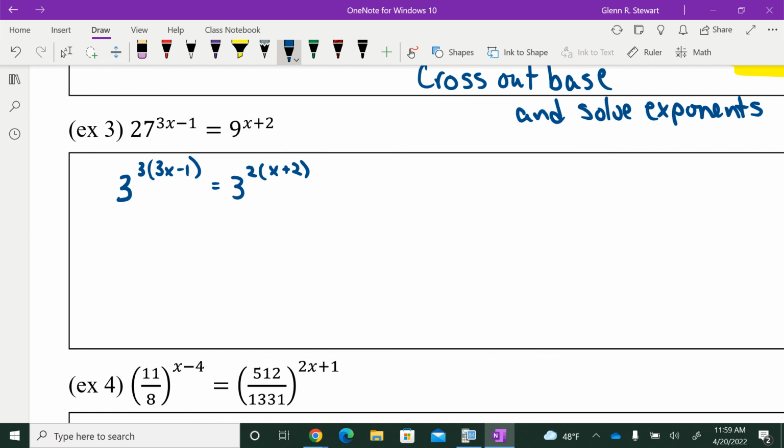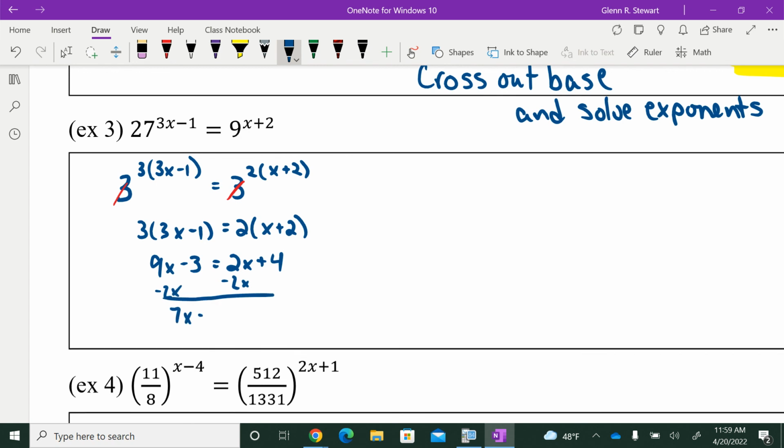Now that they both have that same base, we can eliminate the bases and solve the exponents. So 3 times 3x minus 1 equals 2 times x plus 2. So now I have 9x minus 3 is equal to 2x plus 4. Subtract 2x.